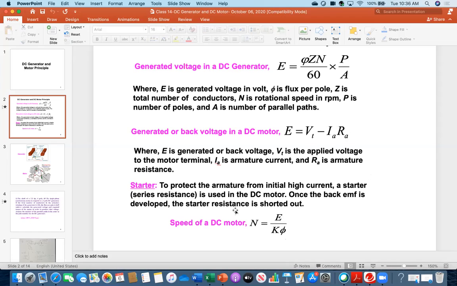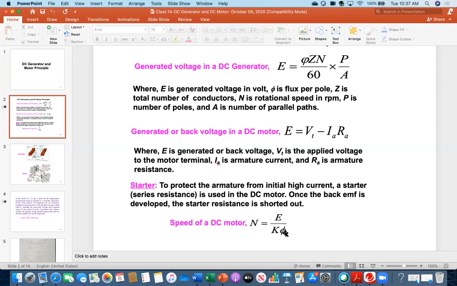So you might be asked this question, I think at the end of the semester, when the lab TA will take some sort of final quiz: why the field circuit should not be left open for a DC motor.